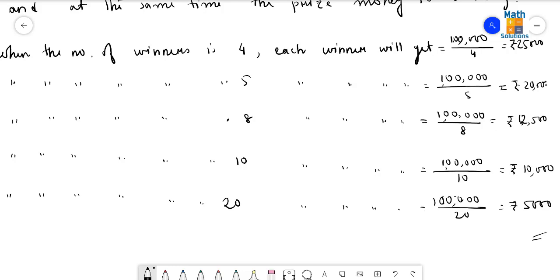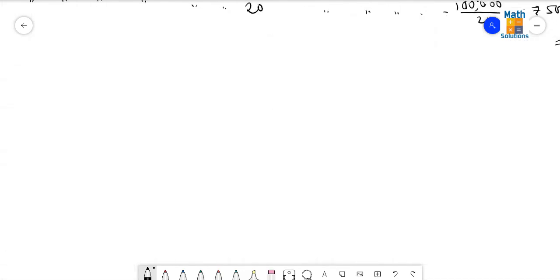Question number 4. In question number 4, what is given? If a box of sweets is divided among 24 children, they will get 5 sweets each. How many would each get if the number of children is reduced by 4?